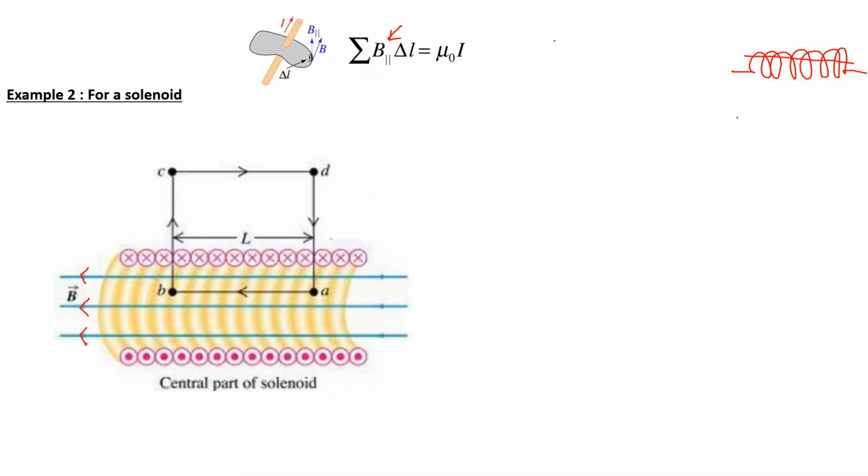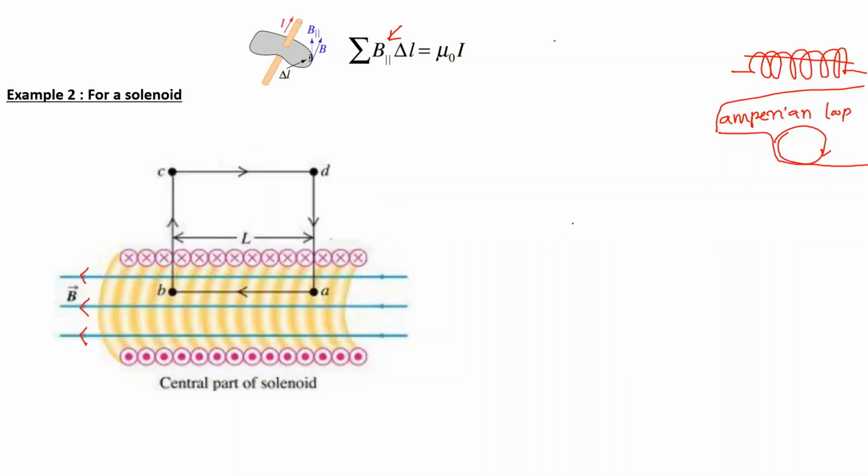So can we use an Amperian loop which is a circle? It doesn't make sense to use a circle, right? Because our B field is not going around a circle. It's going in straight lines. If we choose a circle, it's going to make the problem very hard.